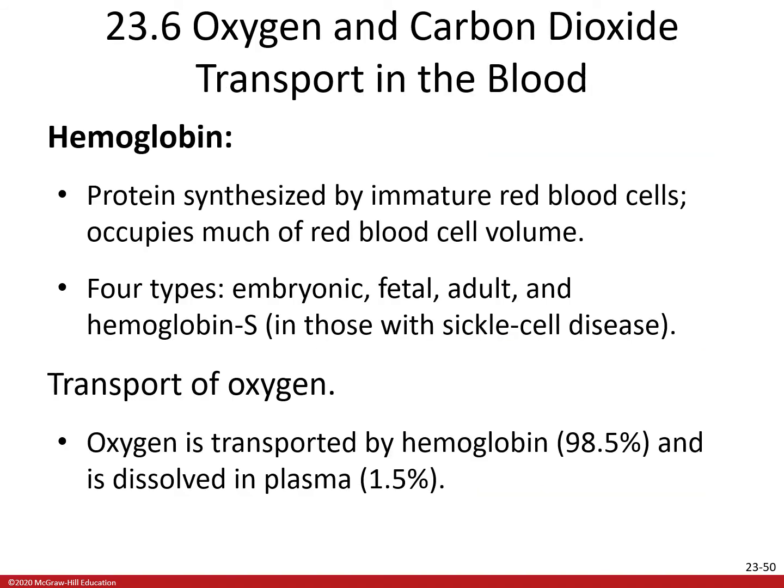Okay, so now that we've looked at gas exchange in general, let's start talking about transportation of these gases, specifically oxygen and carbon dioxide. One of the things involved is hemoglobin. We talked about that before. Remember, it's 4 chains of globin with a heme group in the middle.